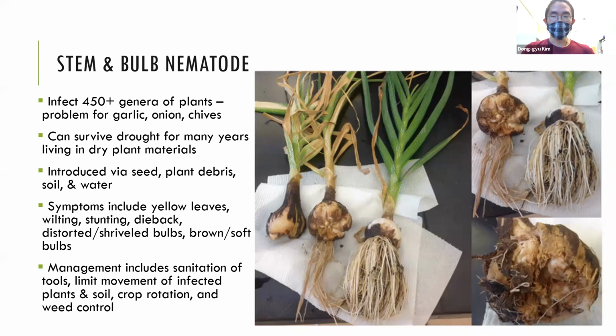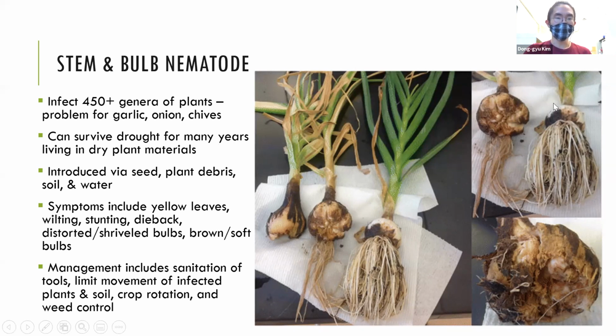Thirdly, we have the stem and bulb nematode, which, as its name suggests, attacks the stem and bulbs of mostly onions and garlics, which you can see are just very disfigured following stem and bulb infestation.